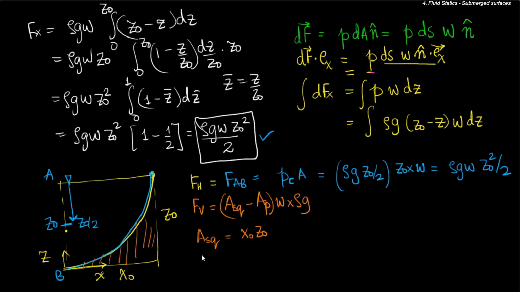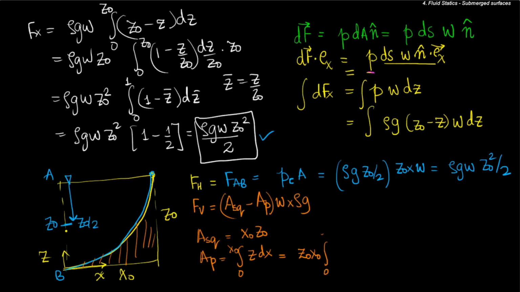Area of the parabola is integral z dx, x varying from 0 to x naught. So let me multiply and divide by z naught, and by x also.